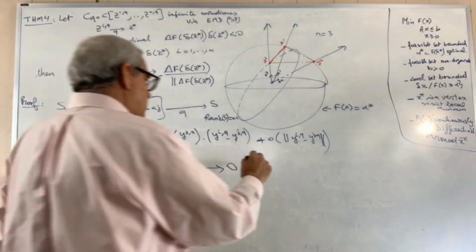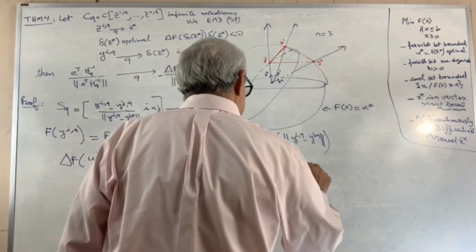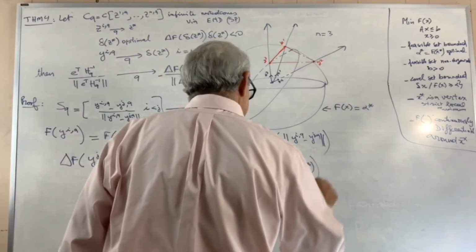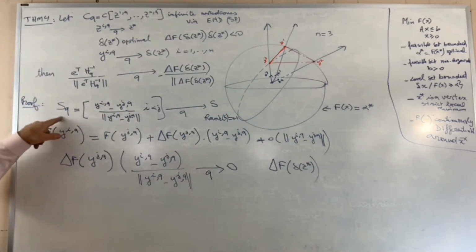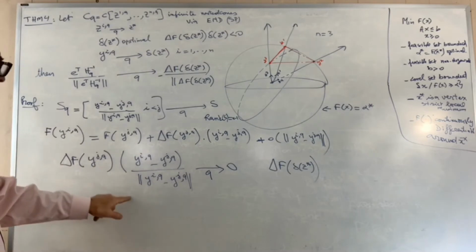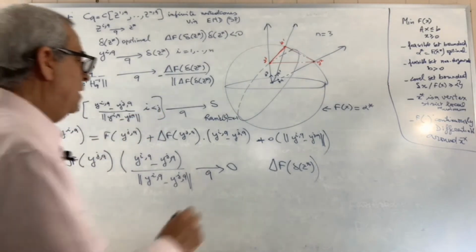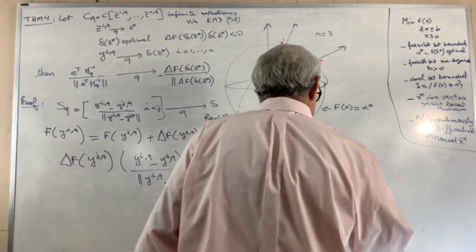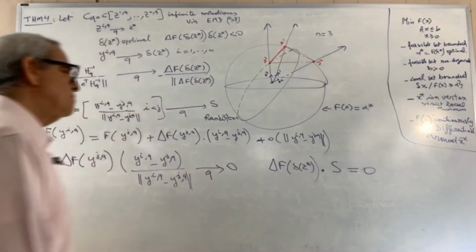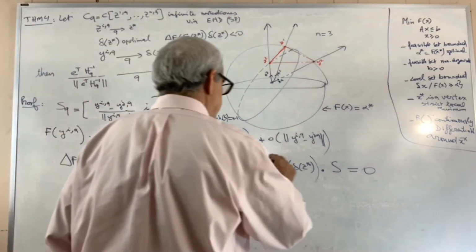So this implies that the gradient of f at z star times the matrix S, that's equal to 0. So that's one result.